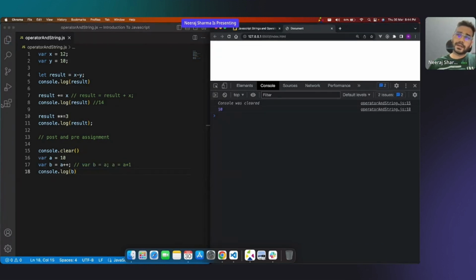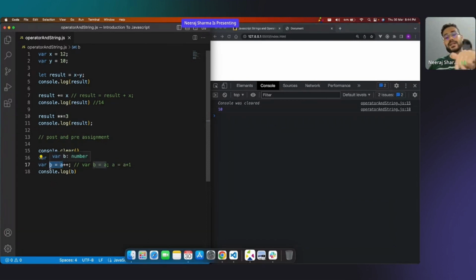See what happened? Initially a is equal to 10, and I'm saying b equals a plus plus. What does that mean? That a will first get assigned to b, then the increment will happen. That means b equals a happened first, so 10 got assigned to b, then a got incremented. That is why b became 10 only. However, if I check a, what is a right now?